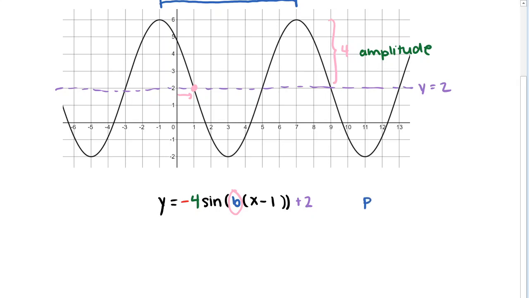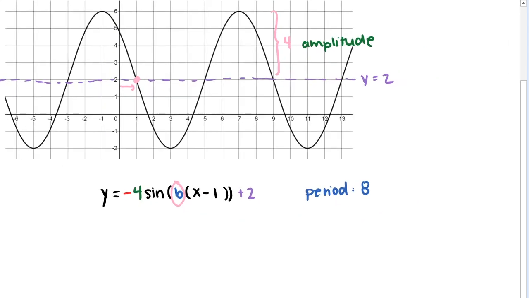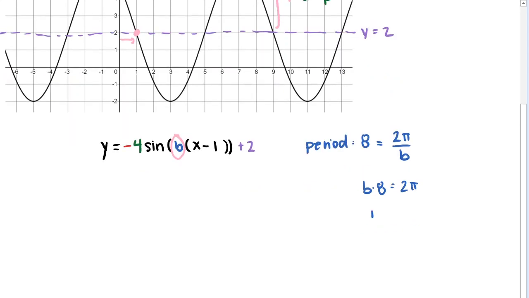And so if the period is 8, and we know that we compute our period by computing 2 pi divided by b to get 8, well, I can multiply both sides by b. I can divide both sides by 8.